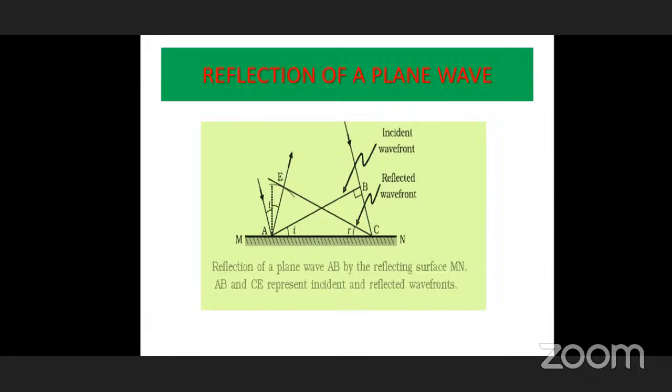If you draw a tangent to this arc at E and join it to C, EC, we get the reflected wave front. AB is the incident wave front. After time t, what is the reflected wave front? EC is the reflected wave front.